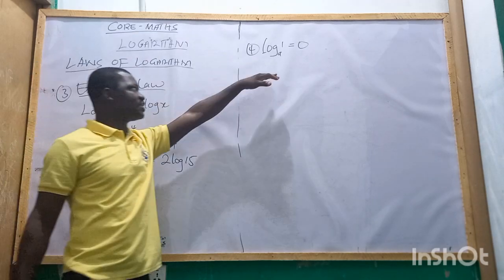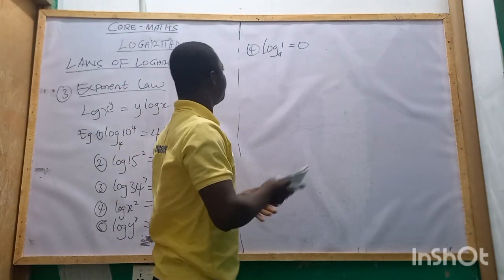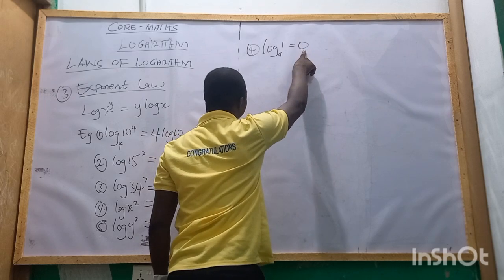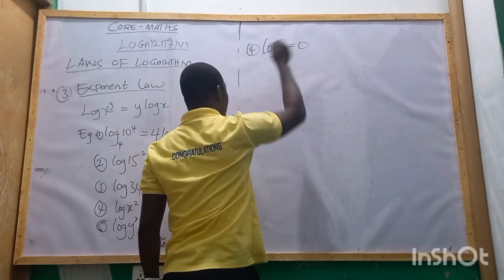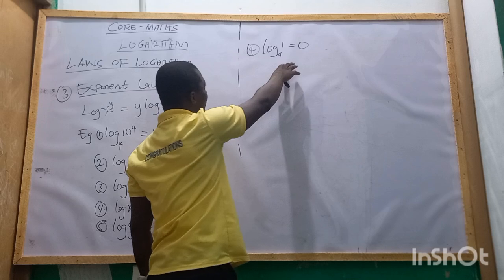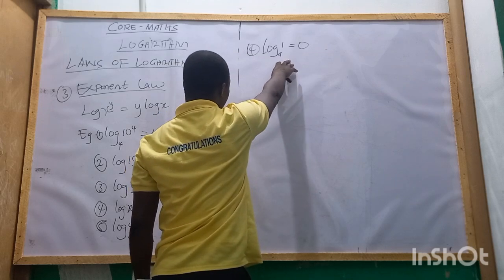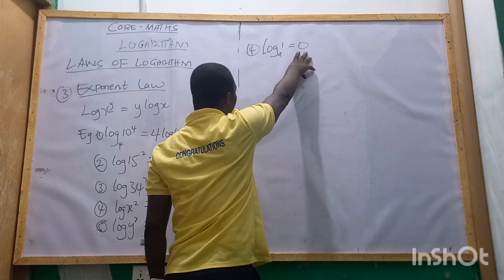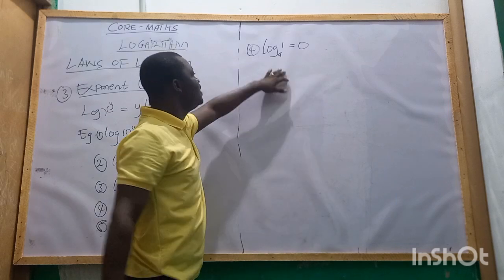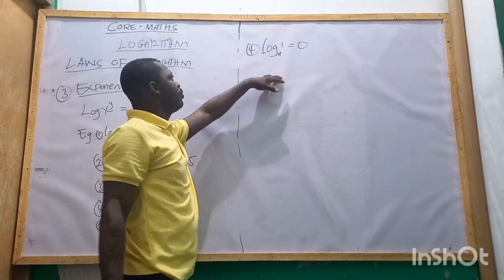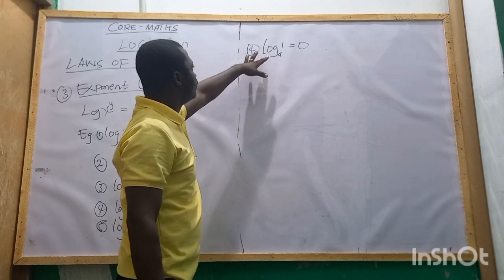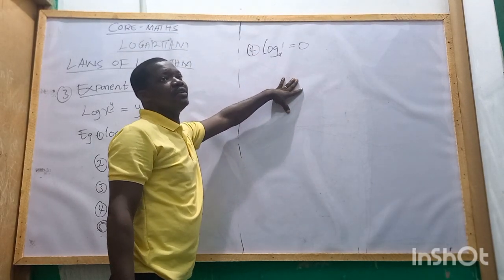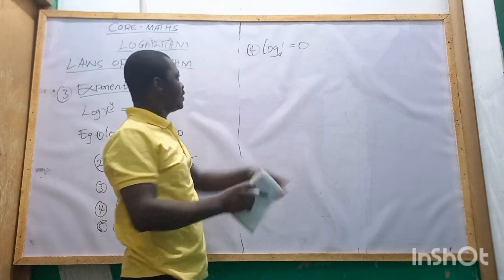So we want to write this thing in indices form. We want to show why log of 1 to any base is 0, right?